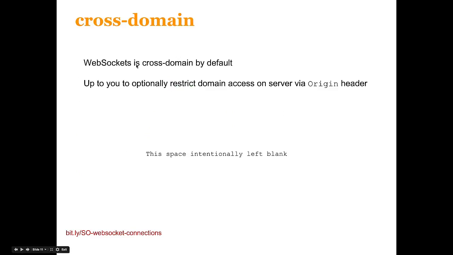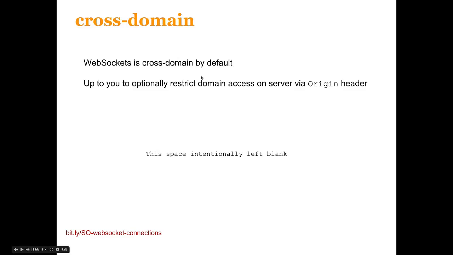This is just more of a side note than anything, because it's a difference in strategy or what's normal in the web. Normally, when you're doing web applications, you're not allowed to even call out to other domains from your JavaScript in your browser. That's called cross-domain communication.